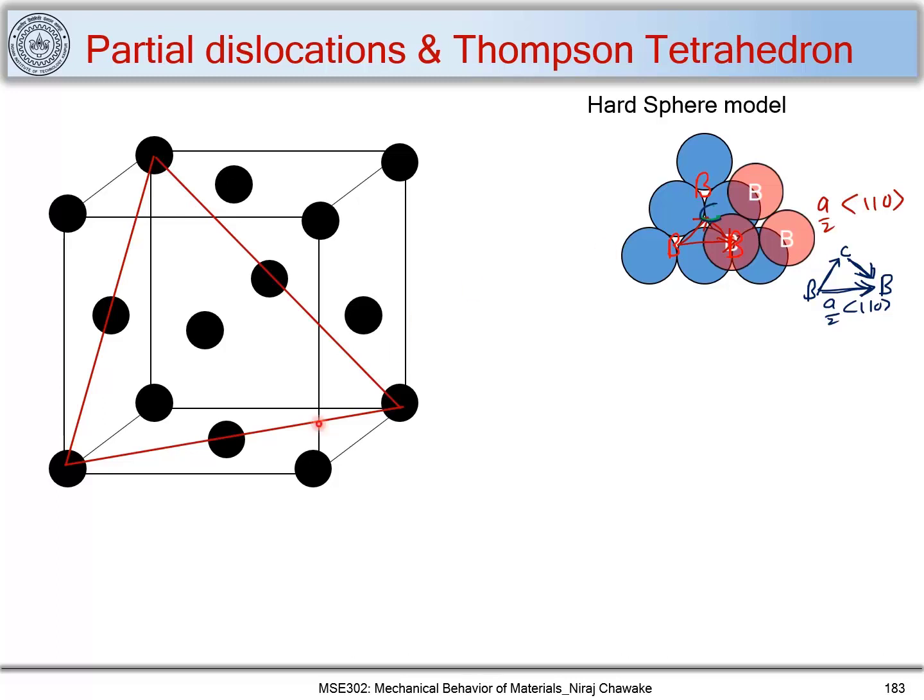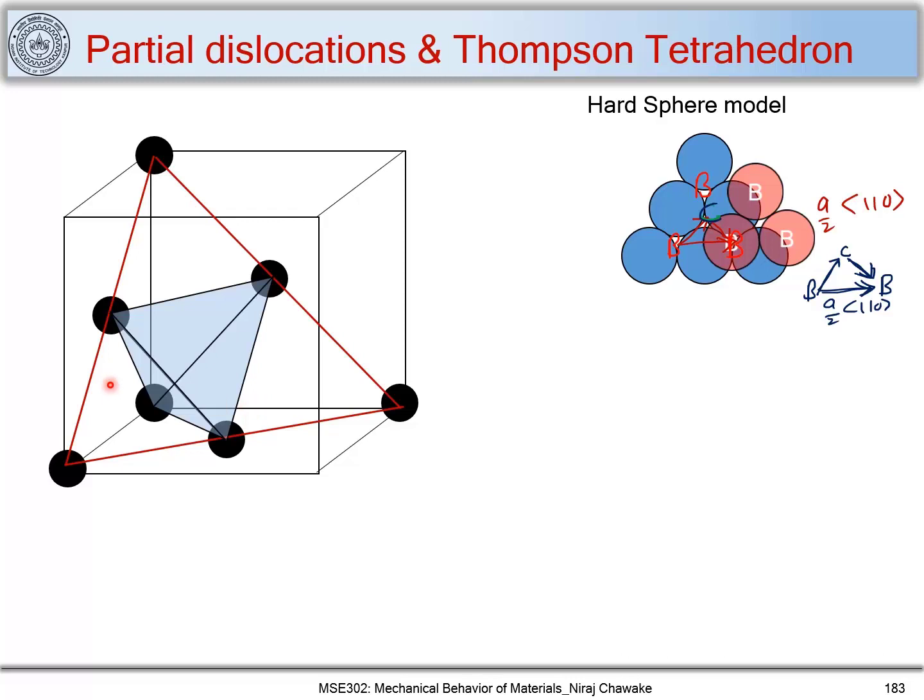Now let's look at this FCC crystal structure, and I have marked this 111 plane. Let's focus on these points at the corners and these points at the three face centers, and let's make a tetrahedron here. We have joined all these atoms together, and this makes a tetrahedron.